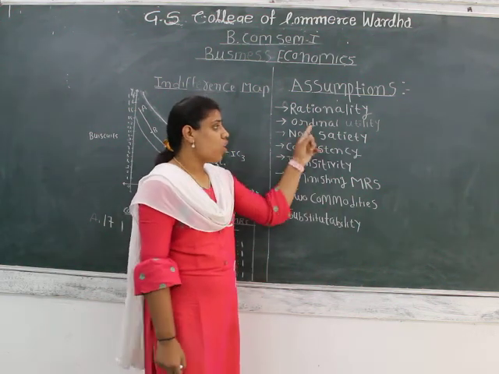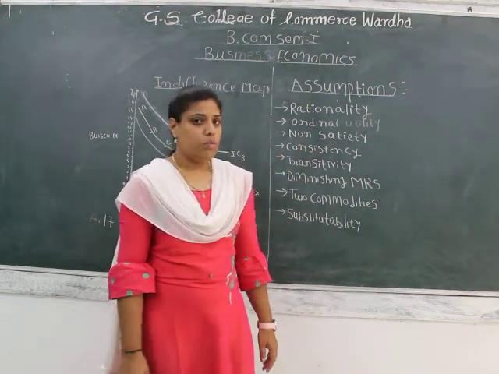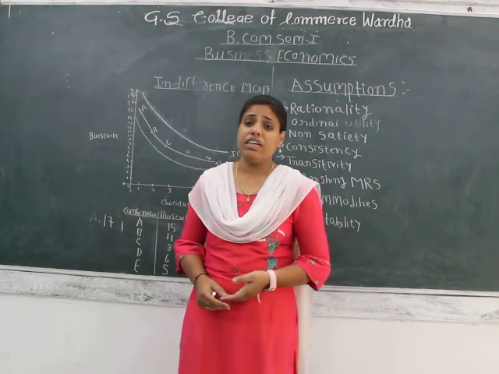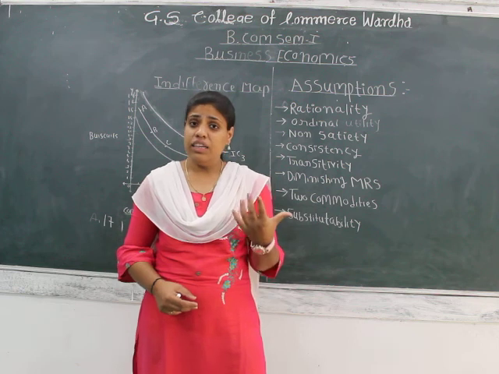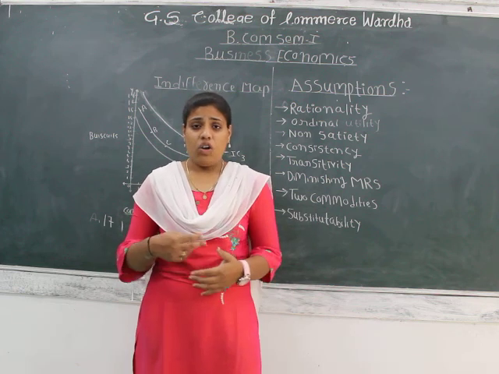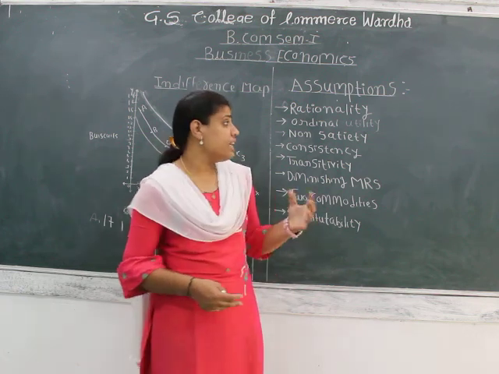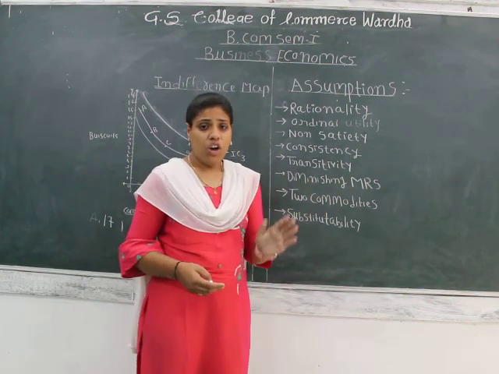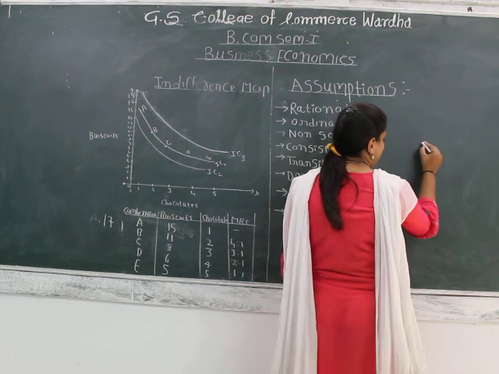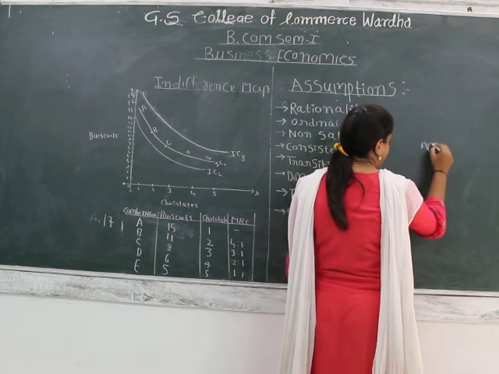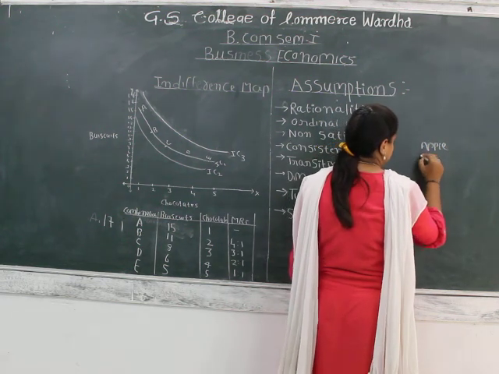The next one is ordinal utility. So indifference curve technique is based on the assumption of ordinal utility. Here, in order to determine the utility, we give preferences or order. Like there are two fruits, that is apple and banana.